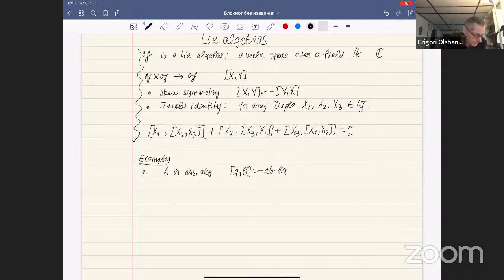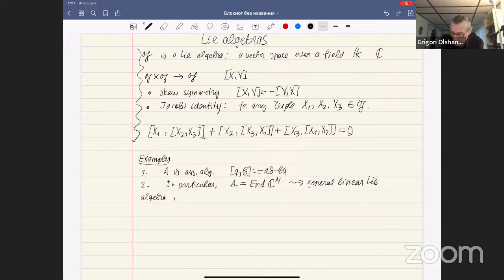The next example, in particular, we can take the algebra of matrices or endomorphisms of some vector space, say C^n, and the corresponding Lie algebra is the general linear Lie algebra, which is simply the algebra of matrices.